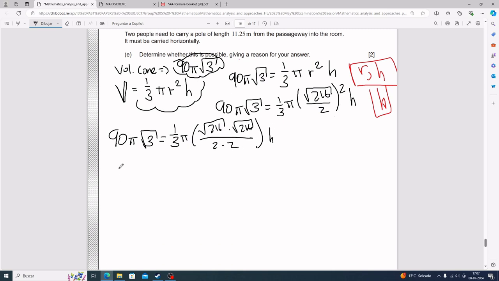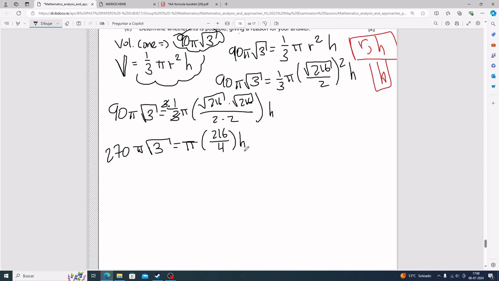Okay, so that means you end up with 90 pi square root 3, and technically this 3 I can just pass it over immediately, so you multiply by 3 to both sides. That means over here I would end up with 90 times 3, so it's 270. So that way I got rid of the 3 right there. Pi, parentheses, 216, because square root and square root just gives you what's inside, divided by 4, times h.